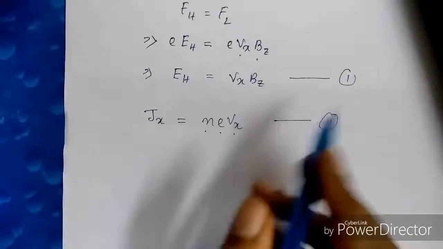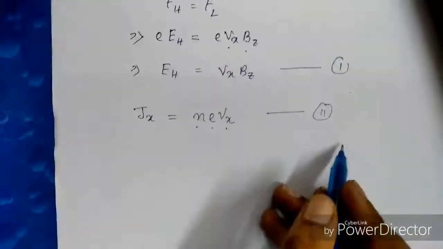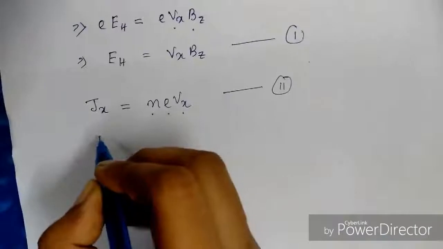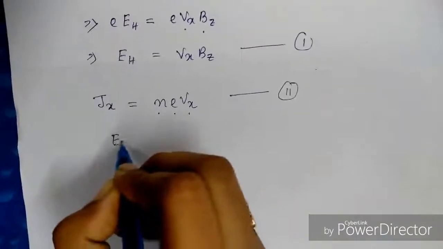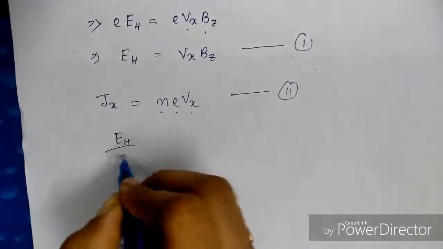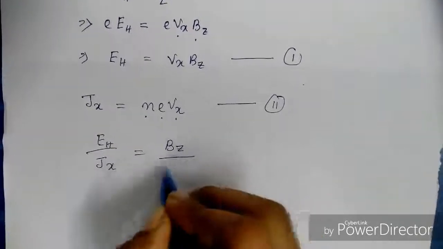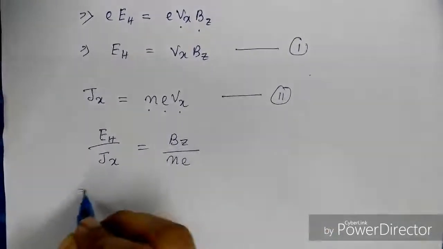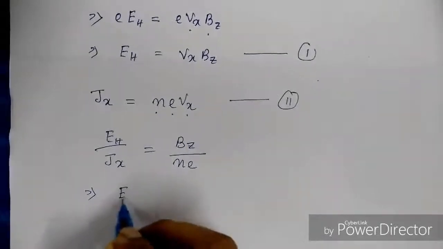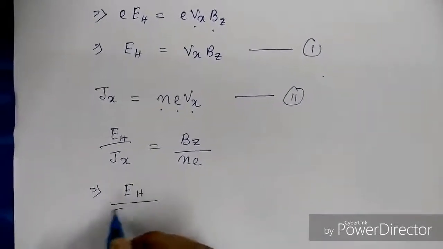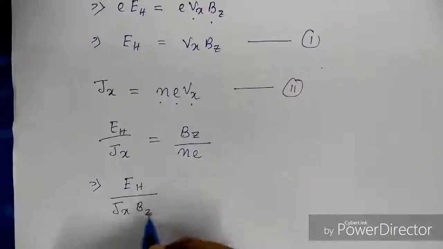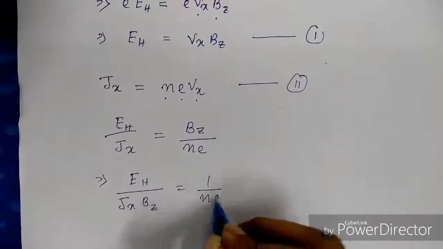Now dividing equation 1 by equation 2, we get EH by Jx equal to Bz by Ne. From this we get EH by Jx Bz is equal to 1 by Ne.